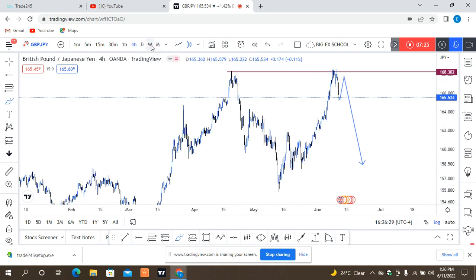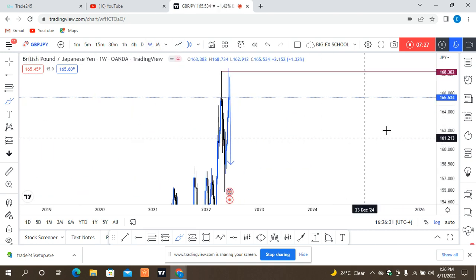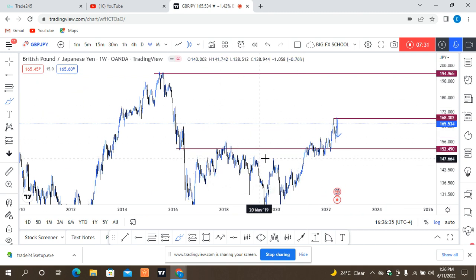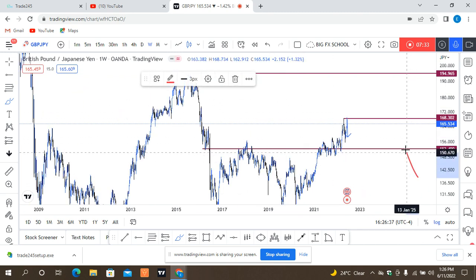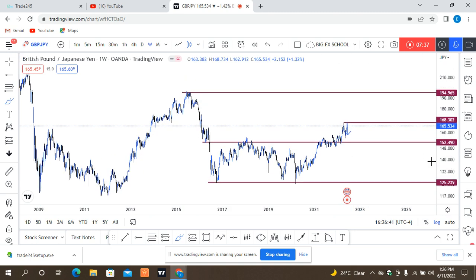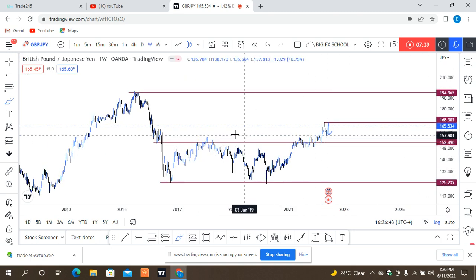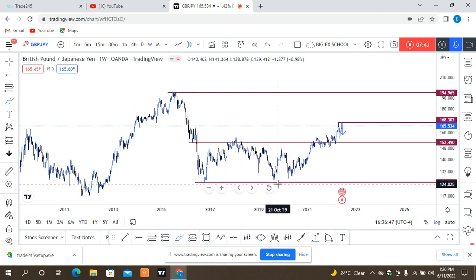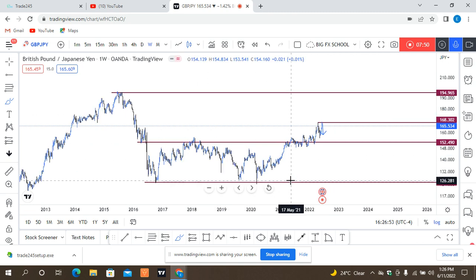Another one, let us see Pound Yen. Pound Yen, as you can see, indicates that we are in a new trend. We were down at that level, zone to zone trading you can say.